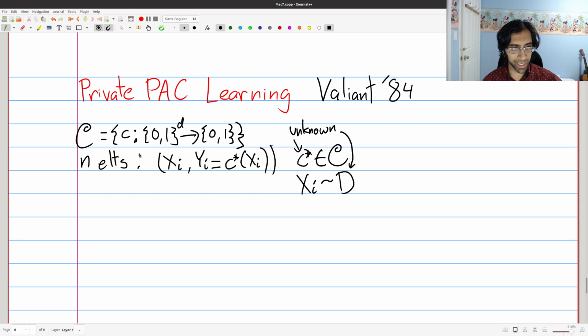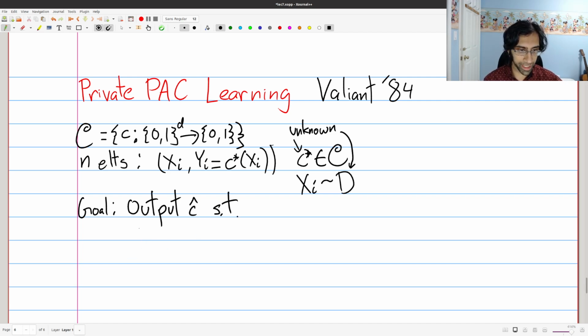But from this, the goal is to output some function which would do well on a new example. The goal is the following: to output some c hat such that we have the following type of guarantee.